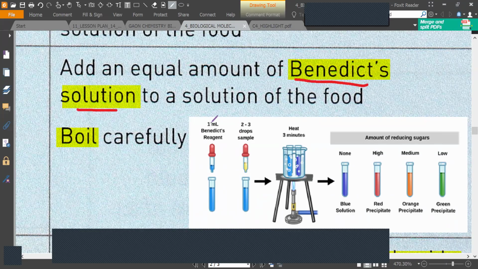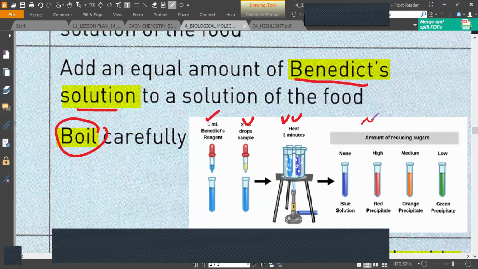We will take 1 ml of Benedict reagent, and then we will put 2 to 3 drops of the Benedict solution into the sample, and then we will boil it, heating for 3 minutes, and then we will see the result.